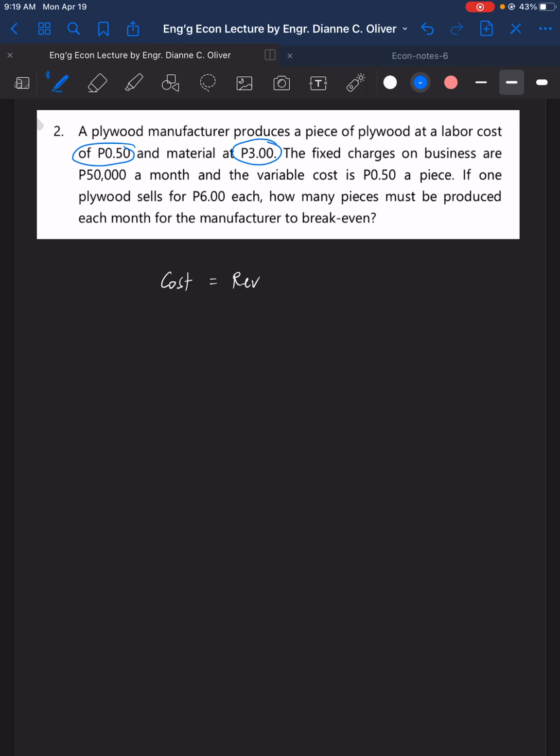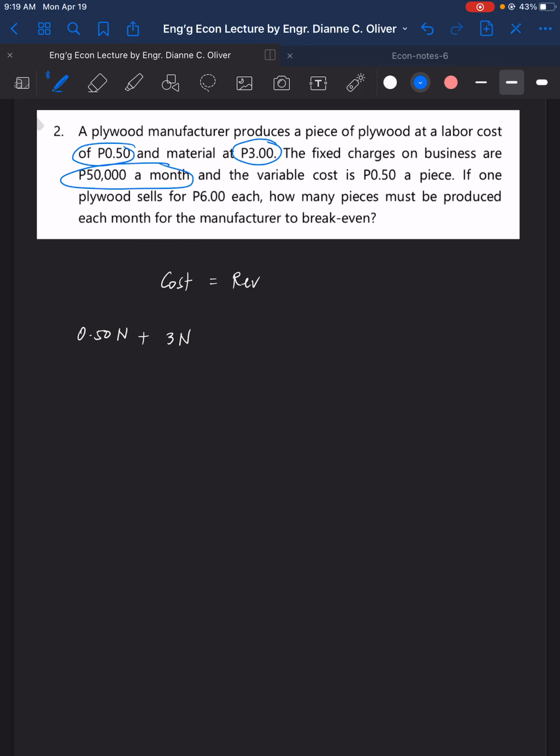So let's put here 0.50 and then the number of pieces per month to break even, plus 3 pesos times the number of pieces per month to break even. Next, there is a fixed charge of 50,000 a month.